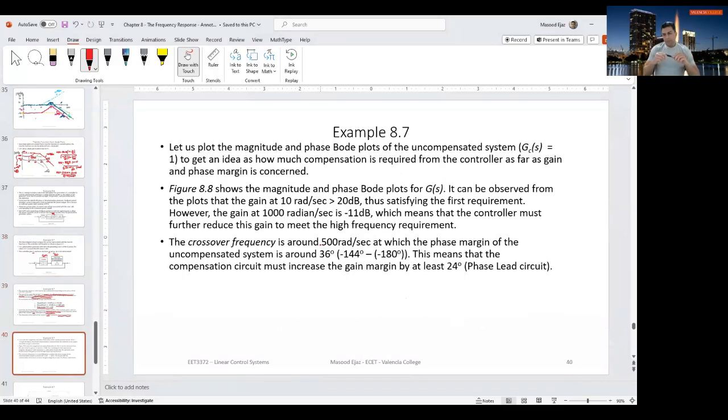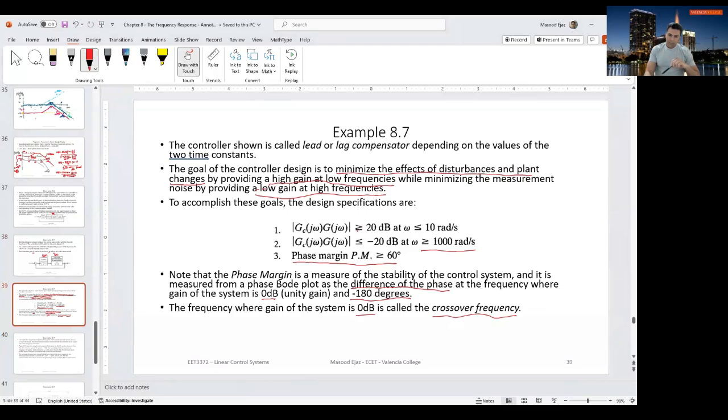And we are going to plot the Bode plot, magnitude and the phase, to observe the magnitude of the Bode plot at 10 radian per second if it is greater or equal to 20 decibel, at 1000 radian per second if it is less or equal to negative 20 decibel, and we are going to observe the phase margin. And we're going to do that to see what compensation is required from the controller in the control system.